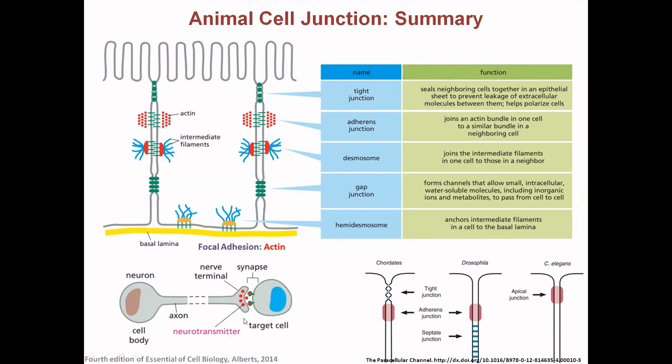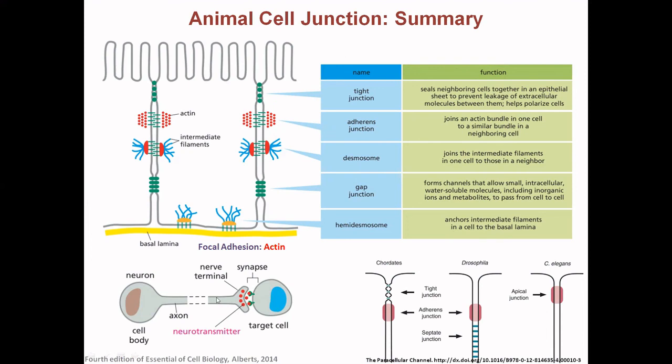In this case, secretory vesicles from the axon terminals release, for example, the neurotransmitter acetylcholine into the synaptic space, and that binds to the receptor found on the receiving end. This is called the synapse.